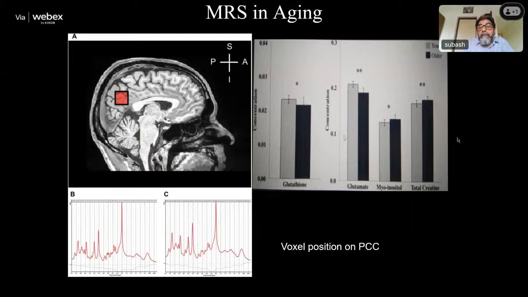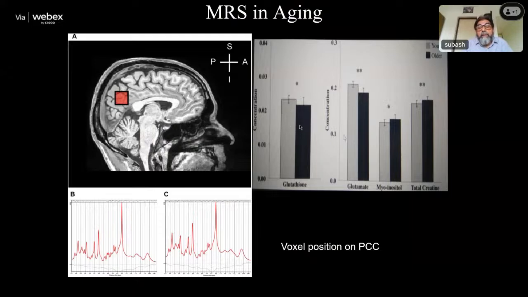And if you look at the metabolite ratios, you can see glutathione. I told you last time that glutathione is an antioxidant in the brain. So with aging, this glutathione is reduced in the aging group compared to the healthy young individuals.